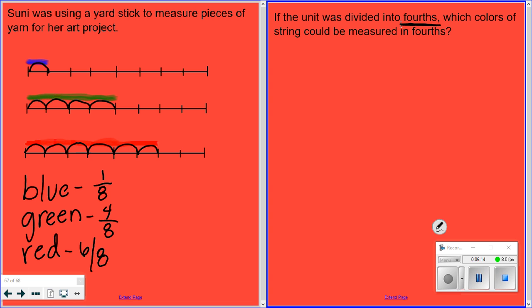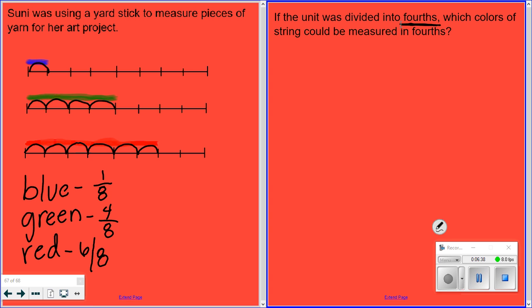If the blue 1/8 piece, or the blue yarn, was 1/8, can I get there if I'm counting by fourths? No, what'd you say? This is my blue yarn.